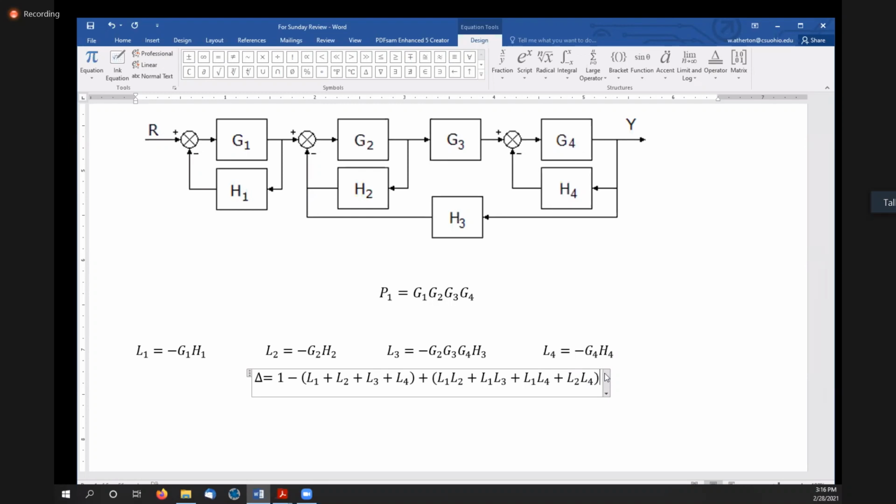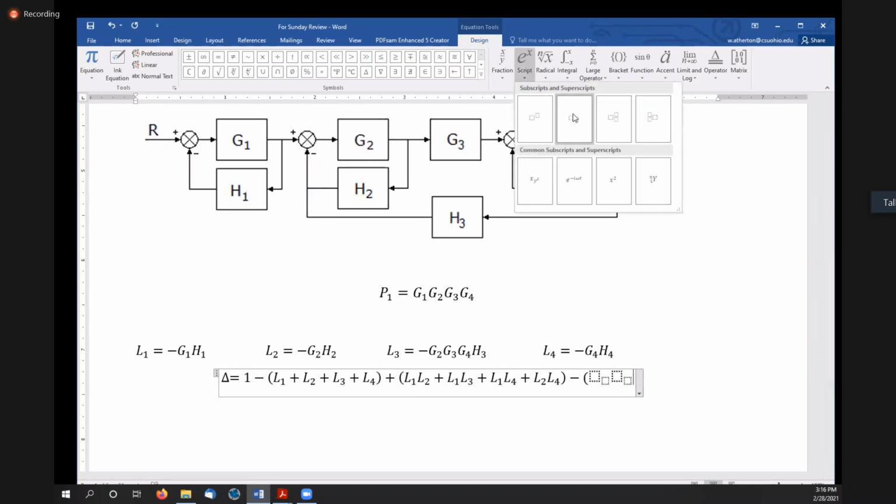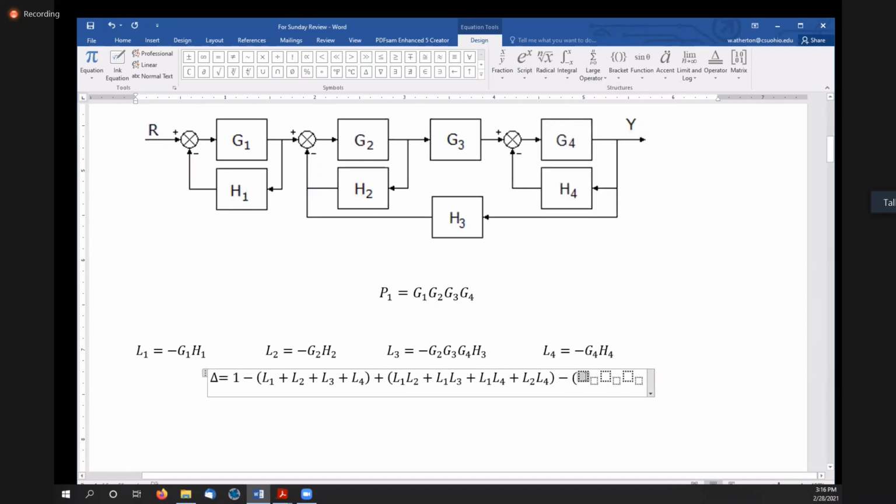The next part are the triples. Those are subtracted off. Do we have any triples, three loops that do not touch each other? We got one. We got L1, L2, and L4.